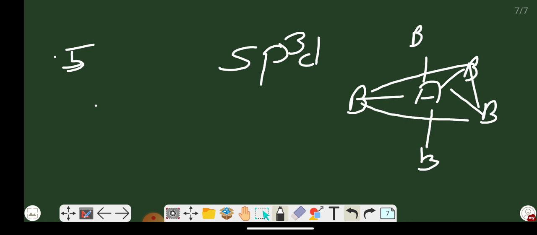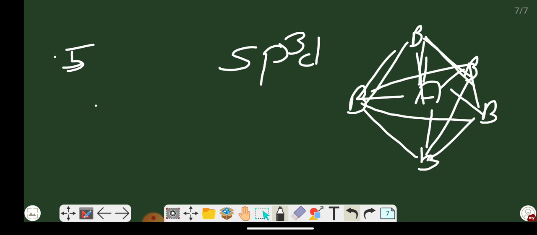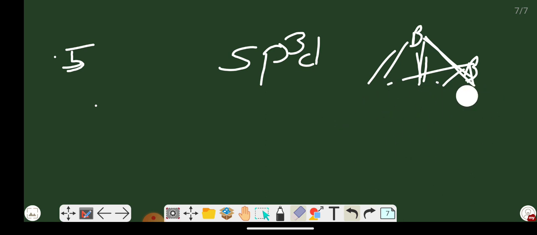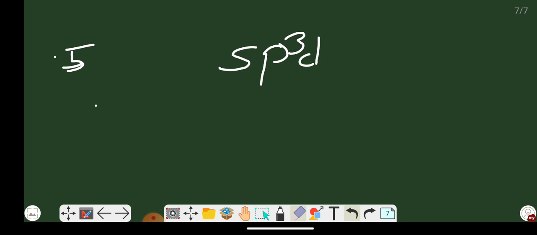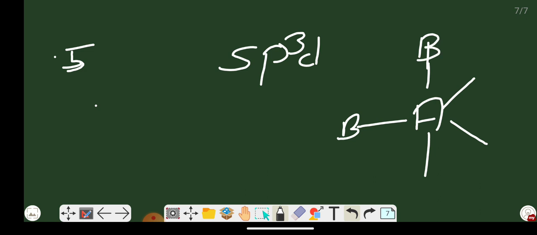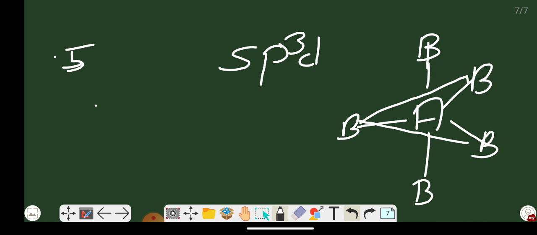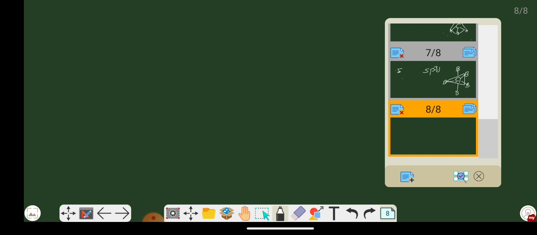So this is trigonal and this is the bipyramidal shape: one pyramid above and one pyramid below. I will make it clear. So this is the trigonal bipyramidal shape. In this way, the trigonal bipyramidal shape is drawn.